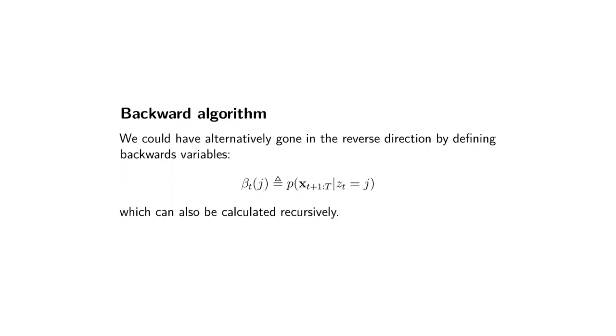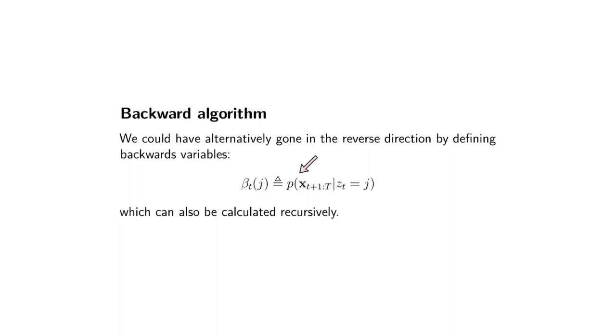And in that case, you can define these betas, the backward probabilities. And beta is basically the probability of observing a partial sequence given that I end up in this current state, J. Okay, so just read that equation for a little bit.